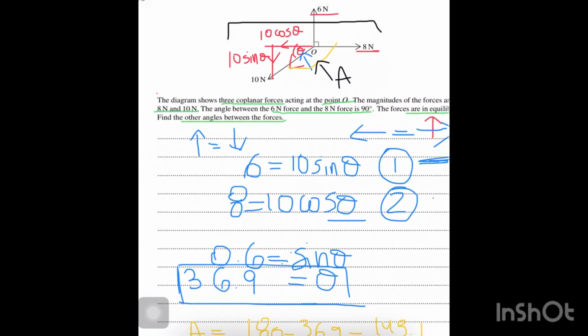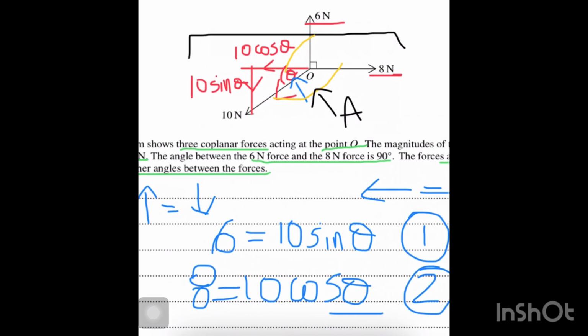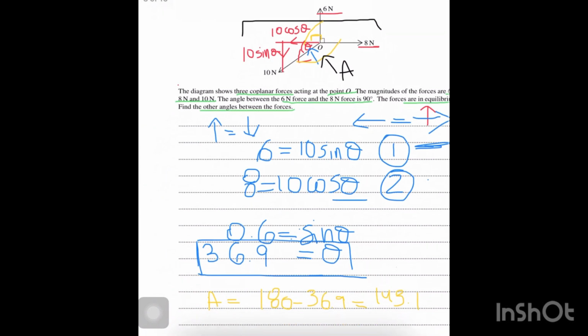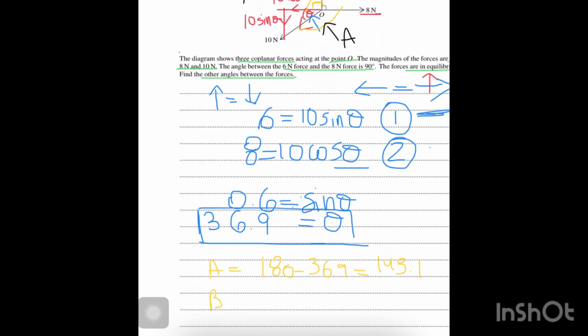And as for this angle over here, since it is a 180 degrees line, this angle is 90 degrees, and that would make angle B equal to 90 plus 36.9, which is 126.9.